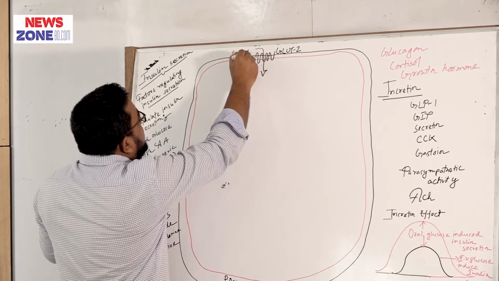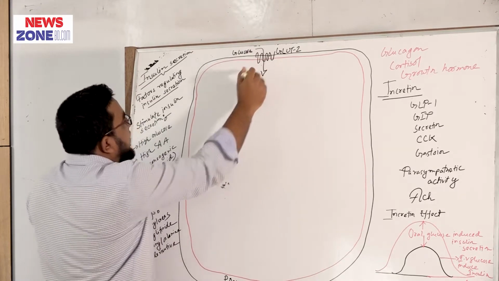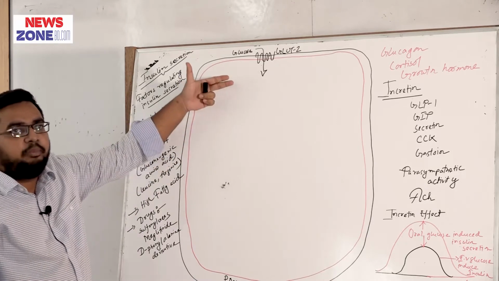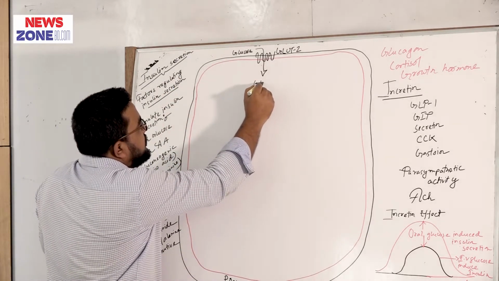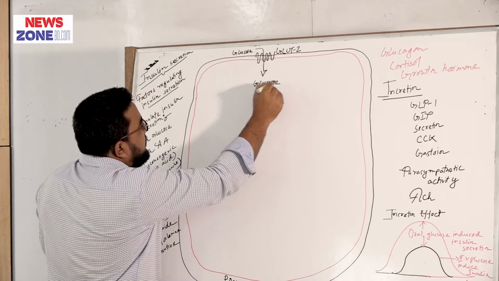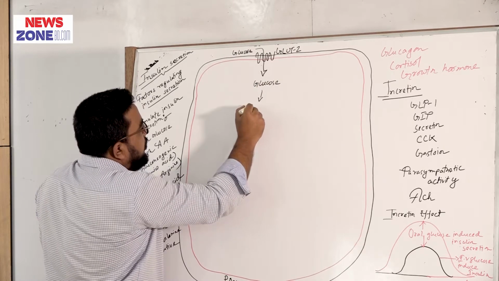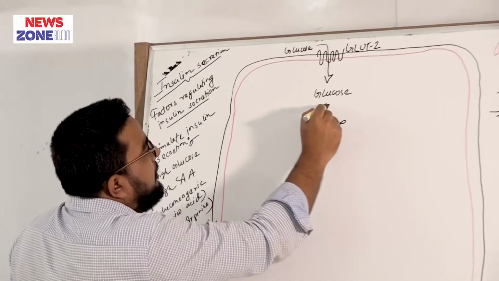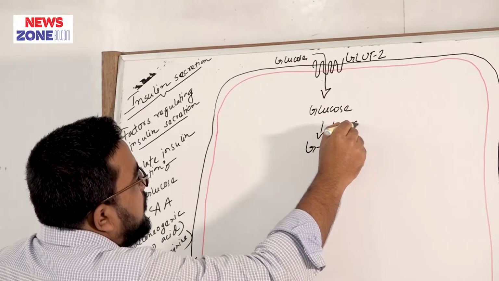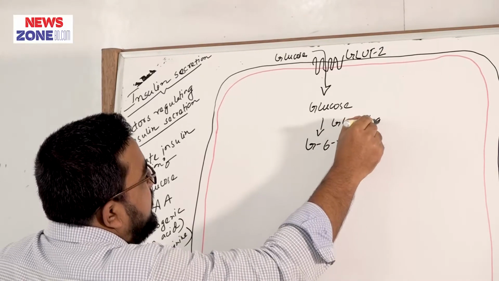From the outside the glucose enters the pancreatic beta cell, where it becomes glucose 6-phosphate by the glucokinase enzyme.